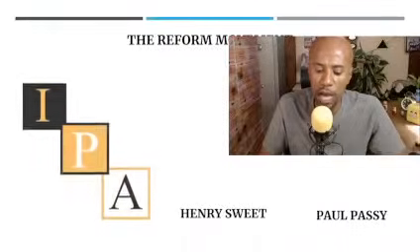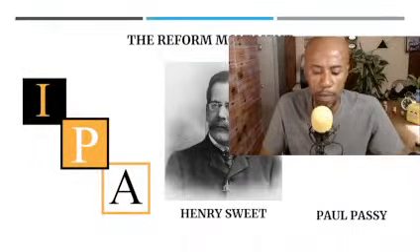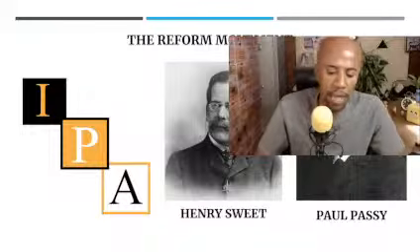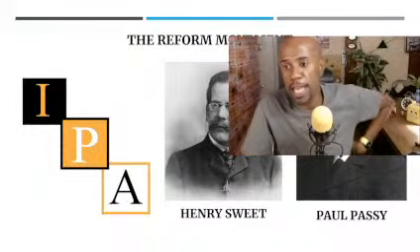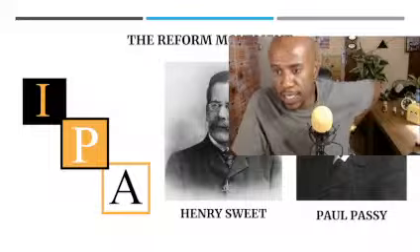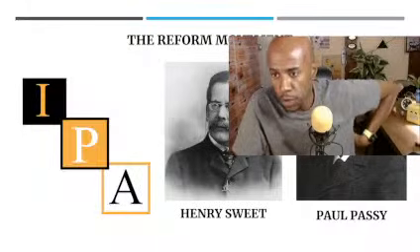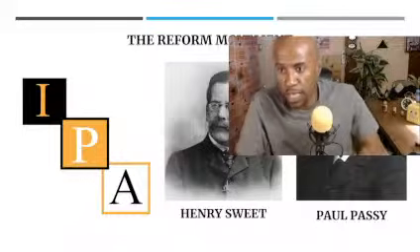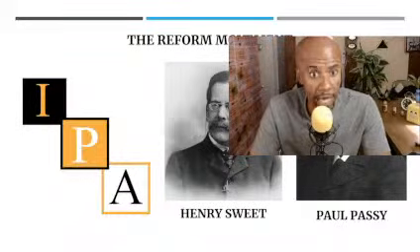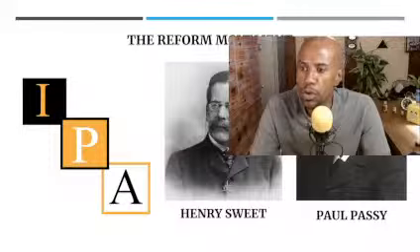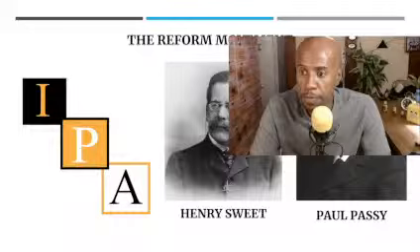Now we move to the reform movement. You might recognize the IPA. So in 1886, by the end of the 19th century, during the same period that the direct method first became popular in Europe, the International Phonetic Association, also known as IPA, was established.